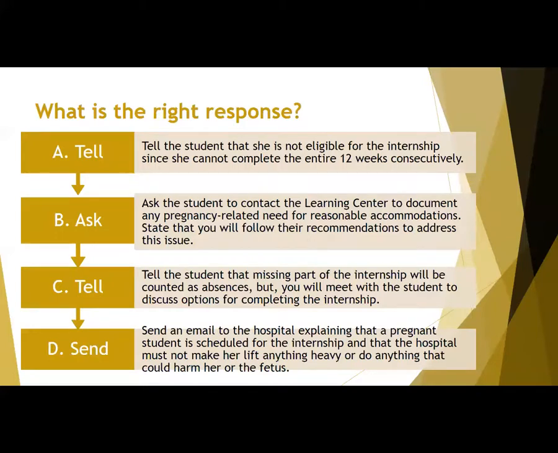Is it C? Tell the student that missing part of the internship will be counted as absences, but you will meet with the student to discuss options for completing the internship. Or D, send an email to the hospital explaining that a pregnant student is scheduled for the internship and the hospital must not make her lift anything heavy or do anything that could harm her or the fetus. So what would be the right answer?